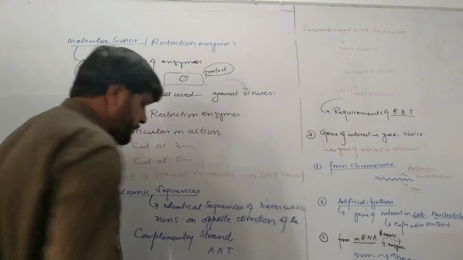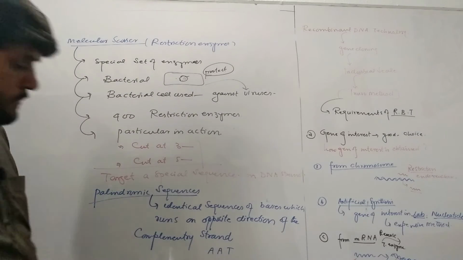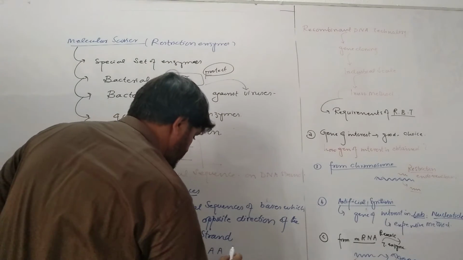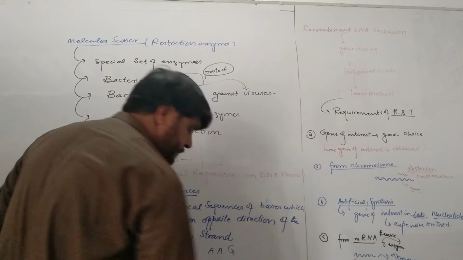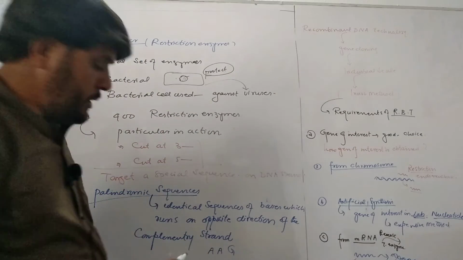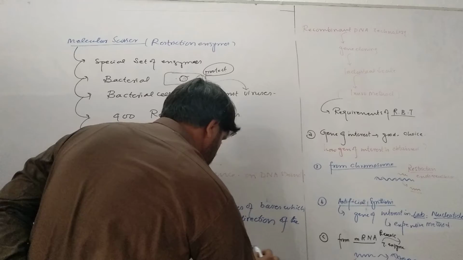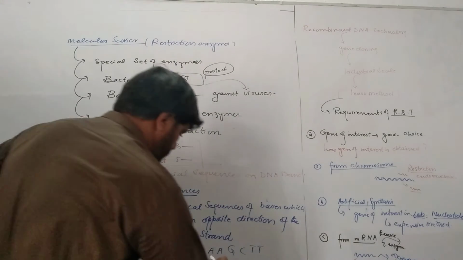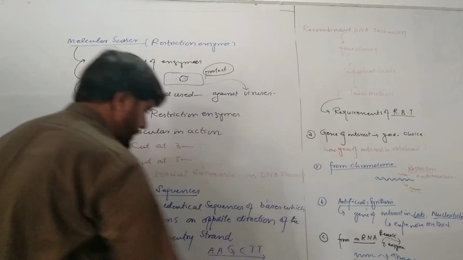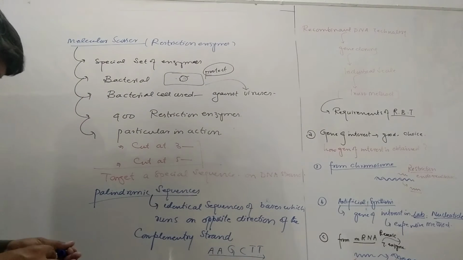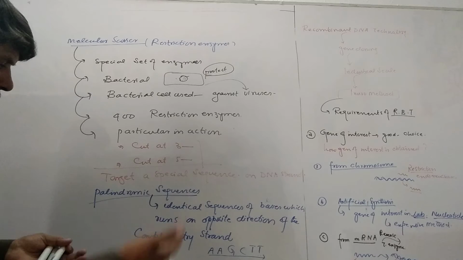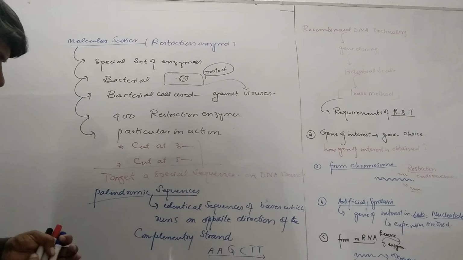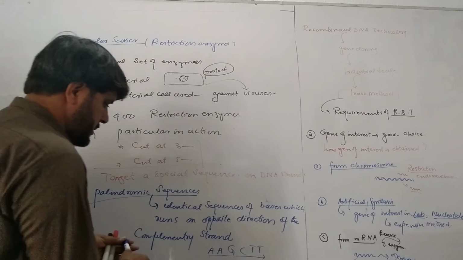For example, AAGCT. It is a sequence. It runs in this direction. When this sequence runs in the opposite direction, then it is called a palindromic sequence.